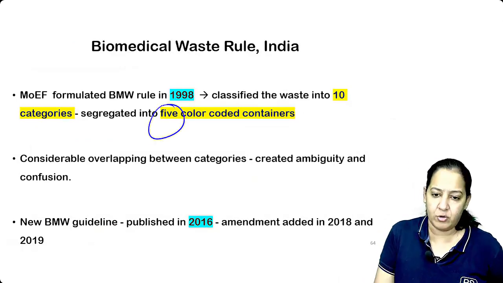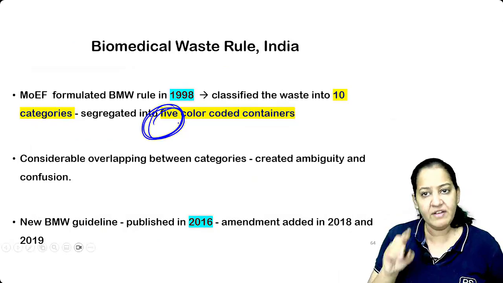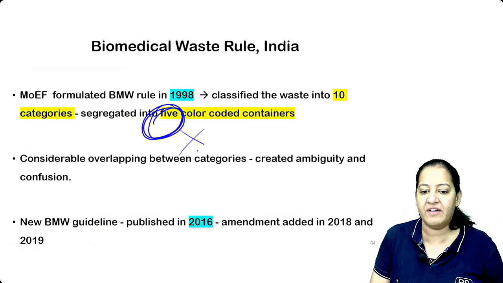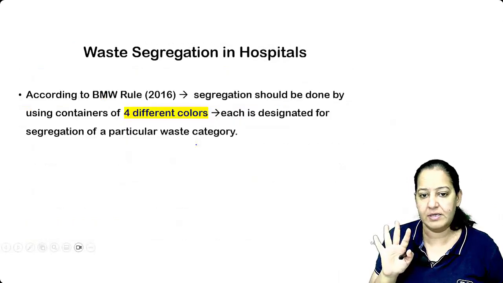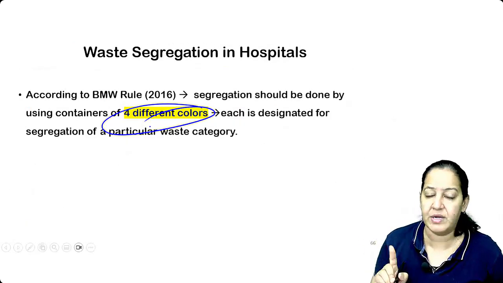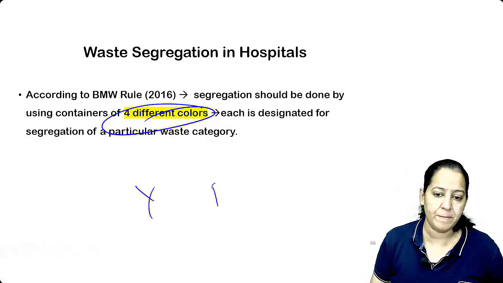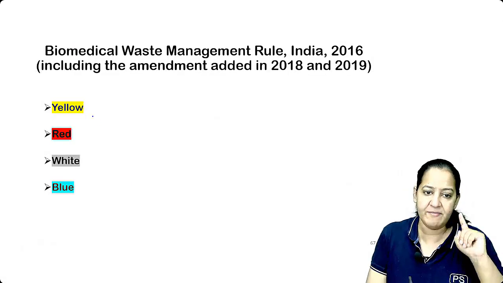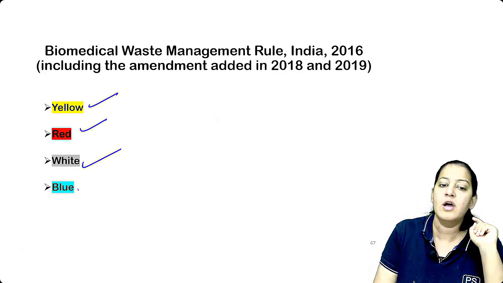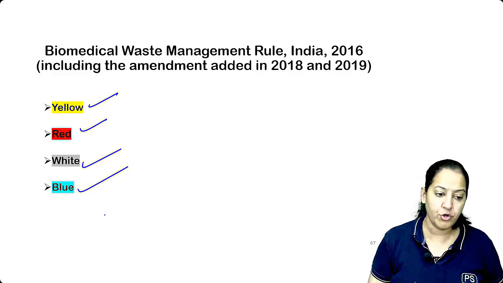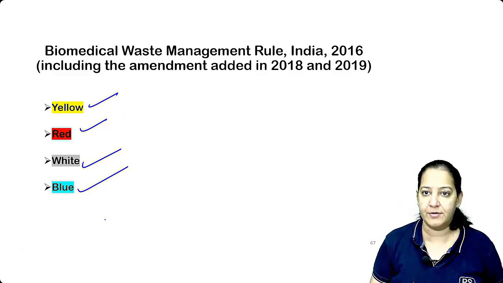Actually, initially we used to divide the waste into 5 containers, but nowadays we divide them into just 4 containers. The black container is not there now. We have only 4: yellow, red, blue, and white. These are the 4 colors of the dustbin. Now you should know in which dustbin what you should discard.